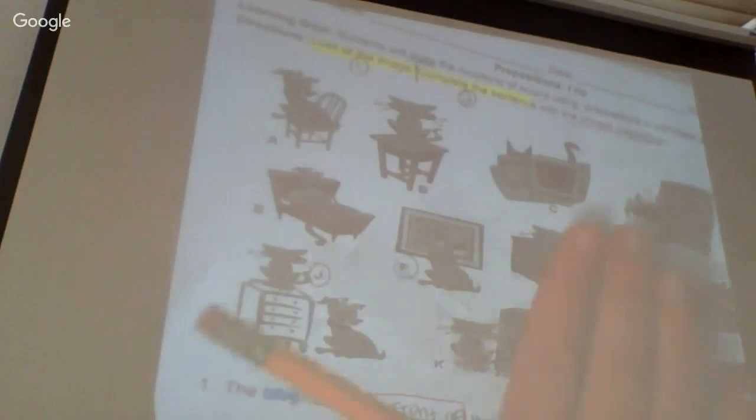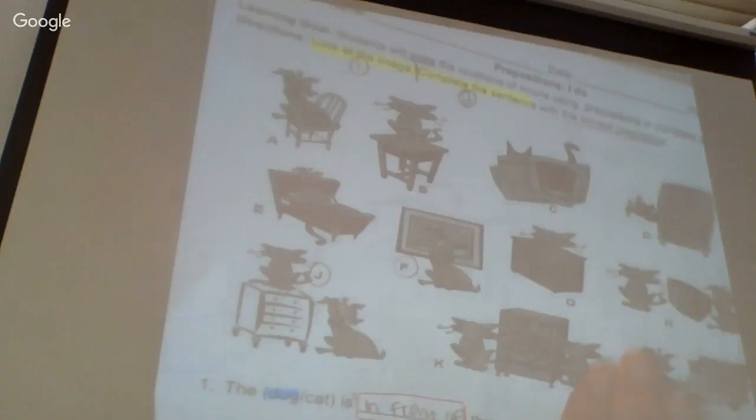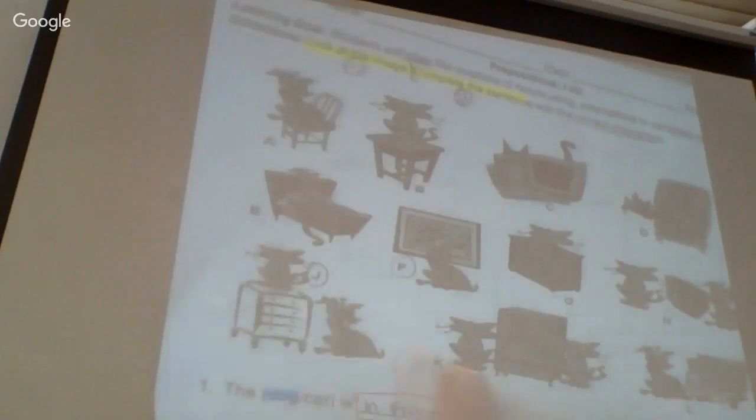Now, if I look at number 3, number 3 has no sentence frame for me. So this means that you need to write your own. So I need to choose my own sentence or my own picture here and write my own sentence using the frames that I have used. So I choose a picture that I want to describe, and I want to describe C. C is what I'm going to use for number 3.